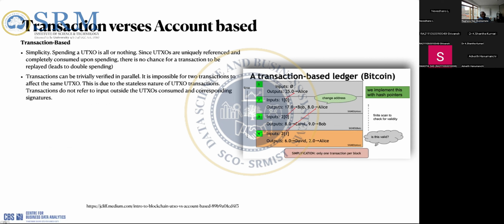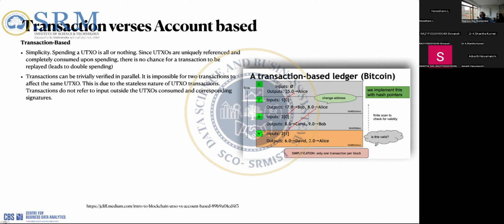Spending unspent transactions is all or nothing, because we were discussing immutable coins. Let's say I have a transaction where Bob received 17 coins. When Bob wants to use coins from this transaction, he can only do it all at once. He cannot say, now I have 17 coins, I will use 5 coins from this 17-coin transaction.